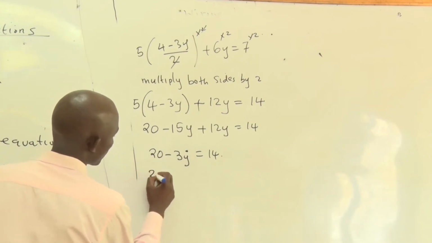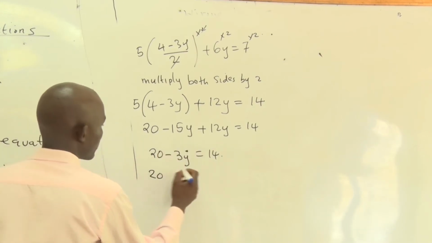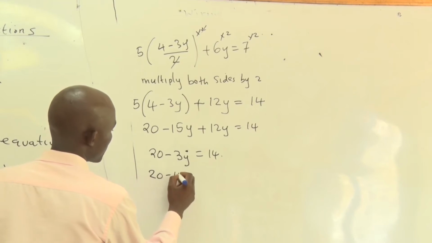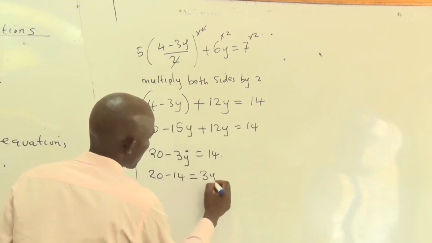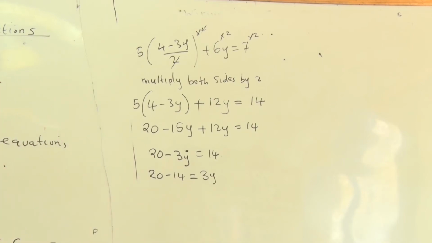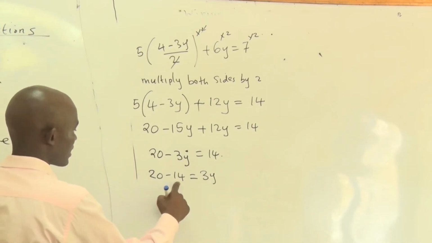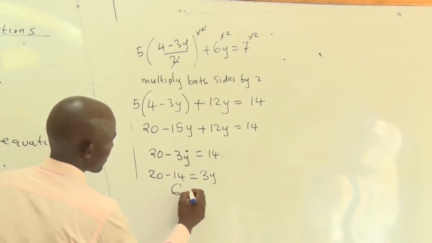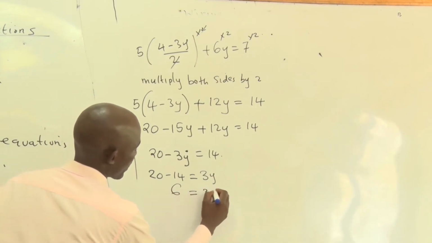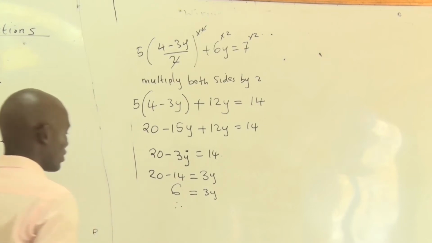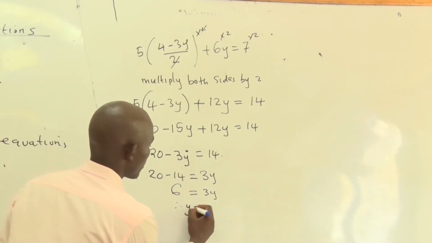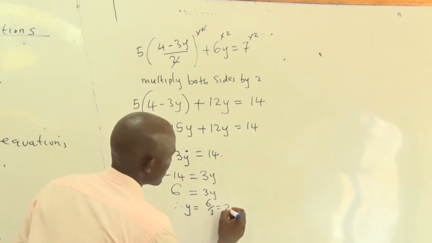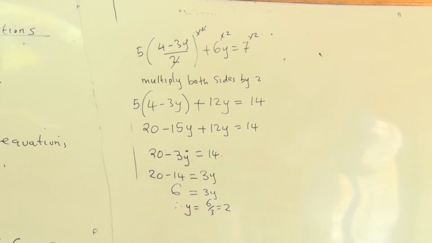Once 14 crosses the equal sign, it becomes a minus, and the minus 3y crosses the other side and becomes positive 3y. So 20 minus 14 becomes 6, which will be equal to 3y. Therefore, if you divide both sides by 3, y will be equal to 6 over 3, which is the same as 2. So our value of y is 2.